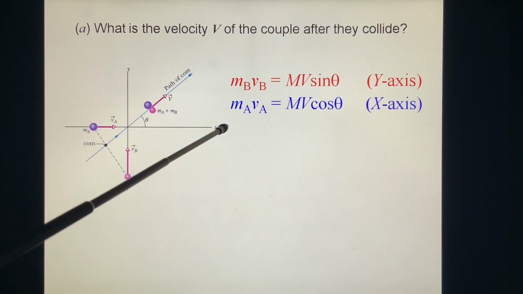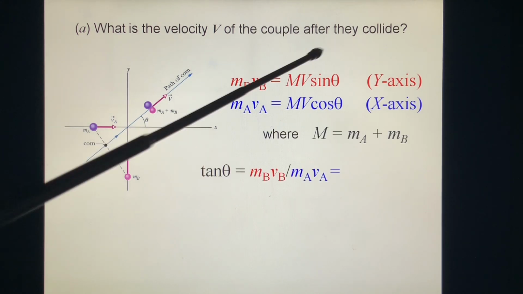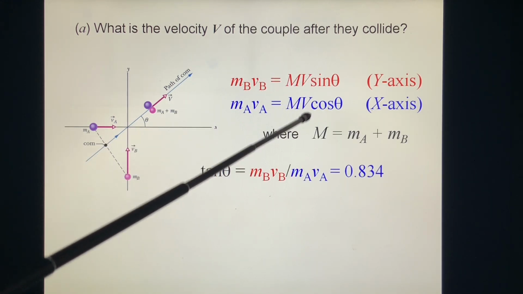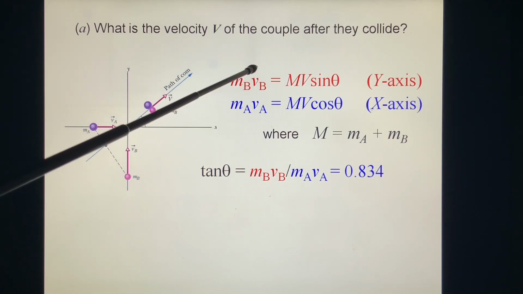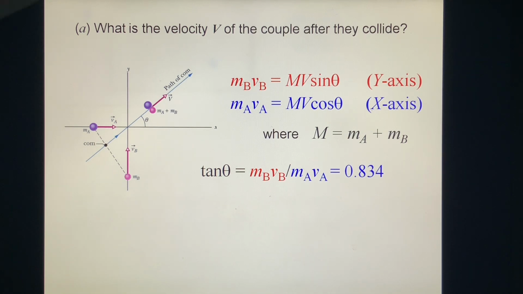In the x direction, before the collision is MAVA, and after the collision, M V cosine theta. We'll find theta first. We divide these two, and M V cancels out, so tangent theta equals MBVB over MAVA. We get 0.834, so theta is about 40 degrees.